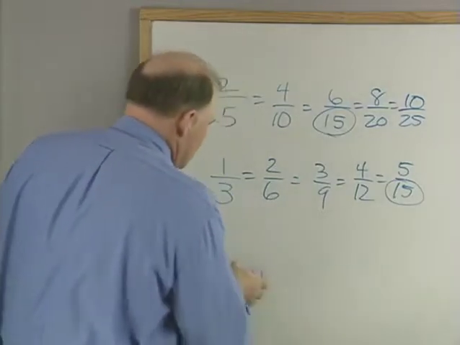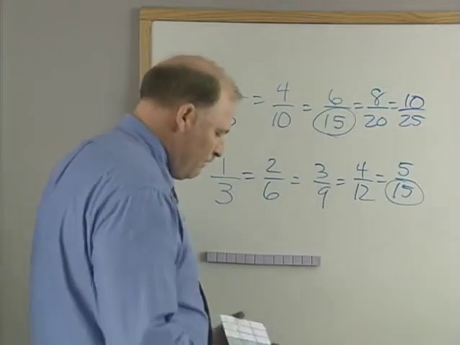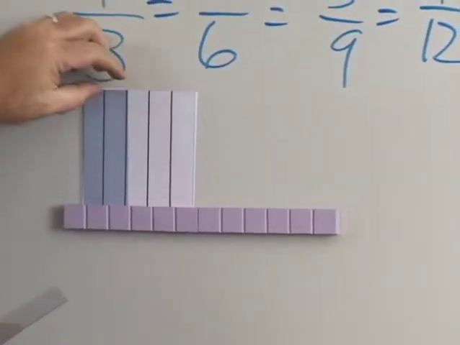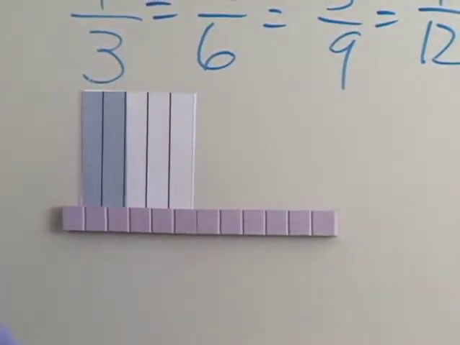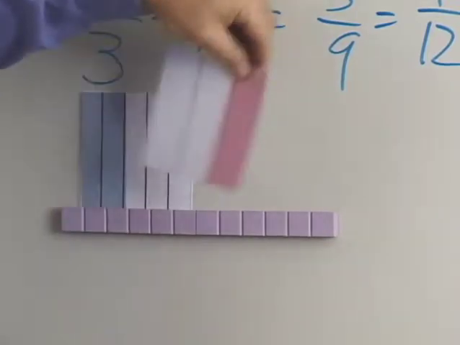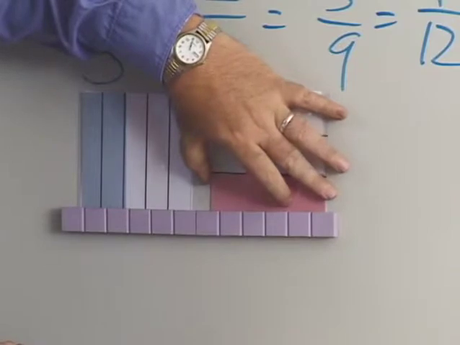Okay. Let's see if we can put these right up on the board here. We're going to build 2/5 here, and we're going to build 1/3 here, but I'm going to turn it sideways. Remember how we did before? Okay, so there's 2/3.